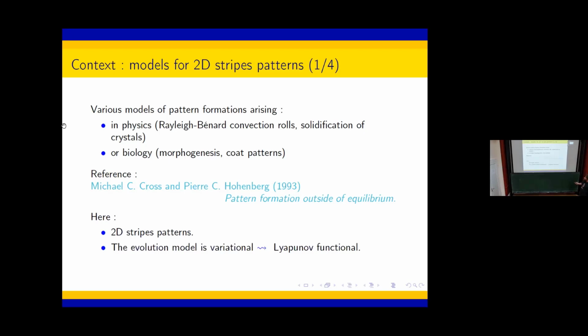So here we skip that. We stay on the description of parameters of the equation that corresponds to two-dimensional stripe patterns, where the evolution equation, the Swift-Hohenberg equation, has a Lyapunov function. It's a variational situation, so it's very particular.